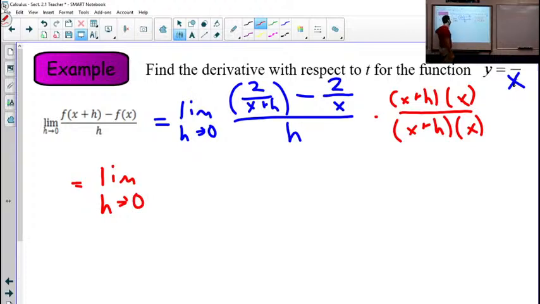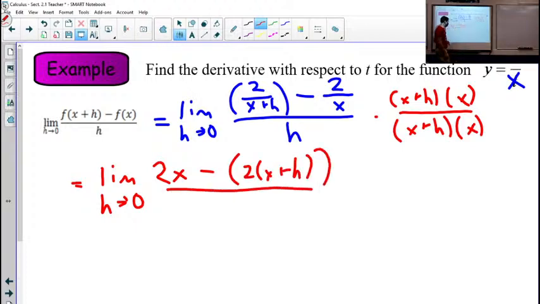The x plus h just cancel here, and so we just have 2x minus, the x's cancel here, and we have 2 times x plus h, over h times x plus h times x. Because eventually we're going to wind up with some things canceling, so I'm leaving this for now.